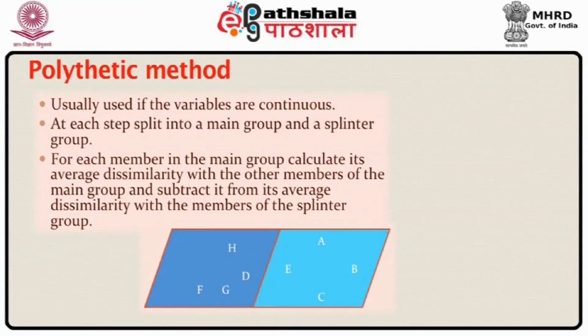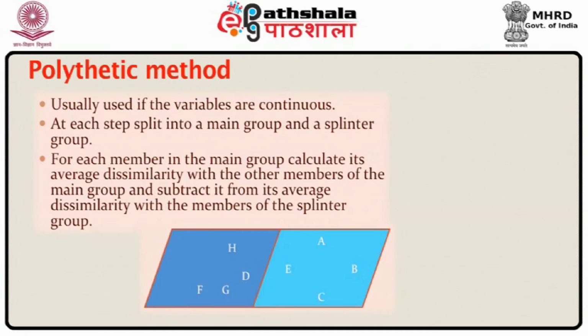Look at, say, any one of the members, okay? Say B. We calculate the distance of B from A, from E and from C. These three distances we average out. Then we calculate the distance of B from D, H, F and G, and then take the average of those also. And then we take the difference of these two averages.